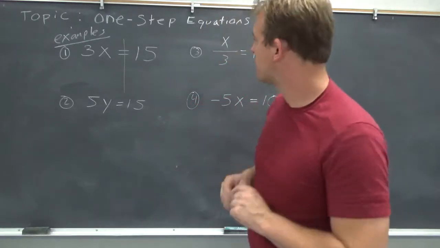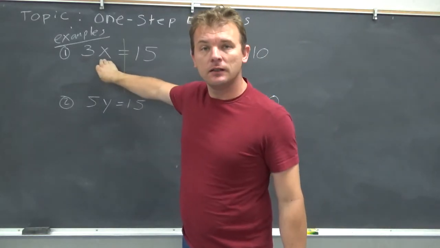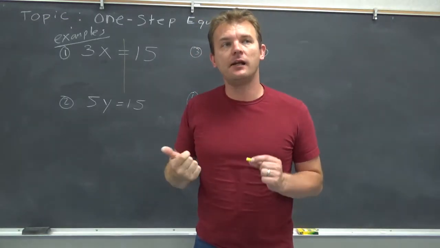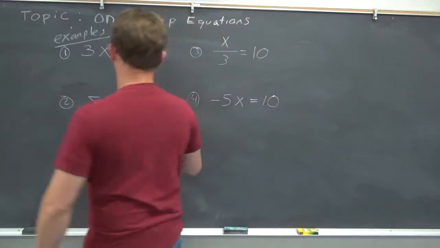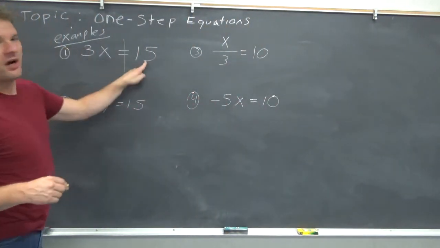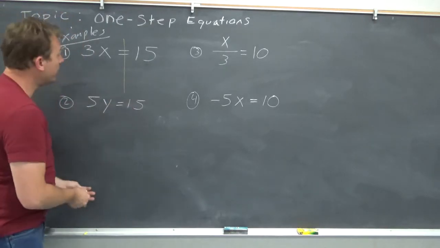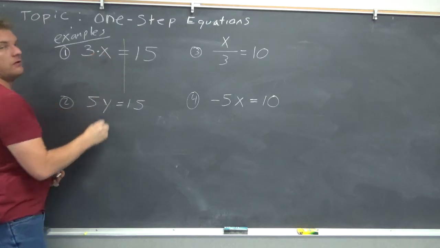So let's do this. What times 3 makes 15? Well, let's see, 3 times 10, 3 times 7, 3 times 5, right? So we know that 3 times 5 is 15. So what we're going to do is, this is multiplication.